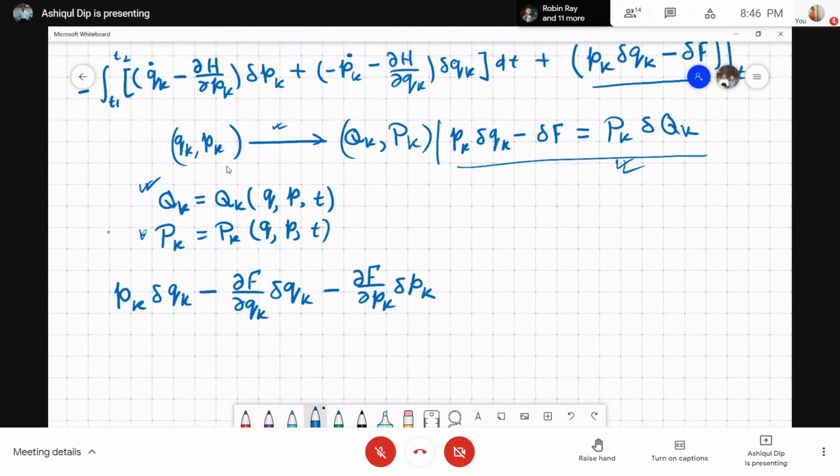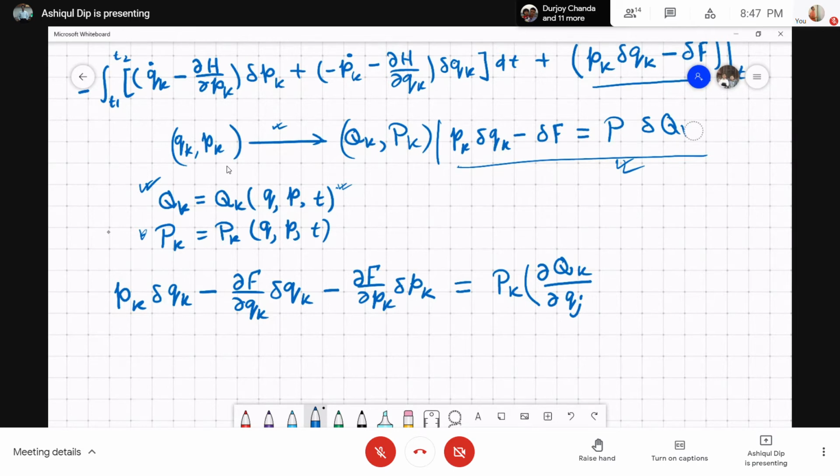And on the other side, what do we have? Big P_k, that's fine. What happens to variation big Q_k according to this relation? According to this relation, it will be delta Q_j by delta q_k times the variation of q_k. Instead of writing k over here, we can write this sum in terms of another index like j, right?